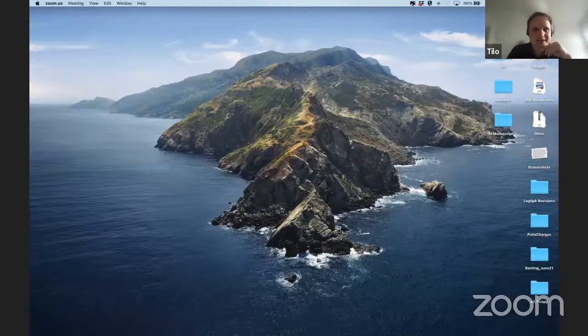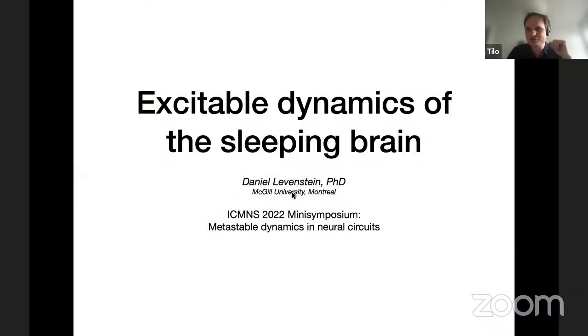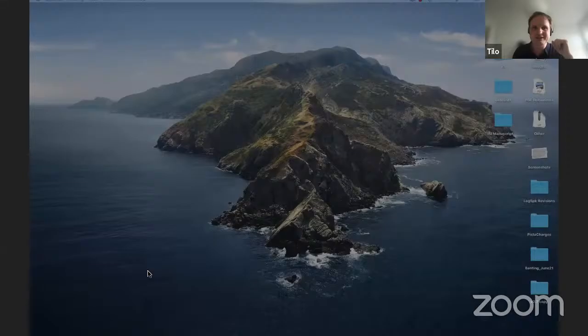And the next speaker is Daniel Liebenstein from McGill. Dan did a bachelor in biochemistry with a minor in physics, and then a master in biophysics.